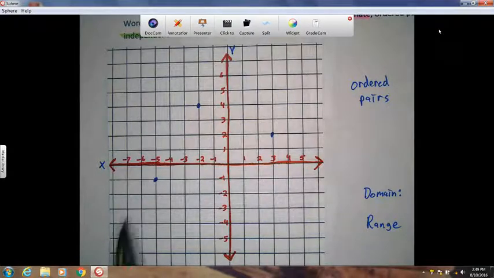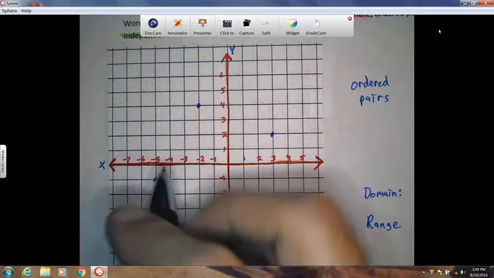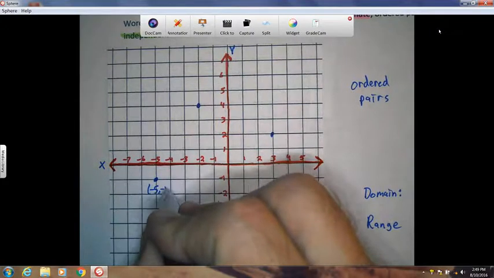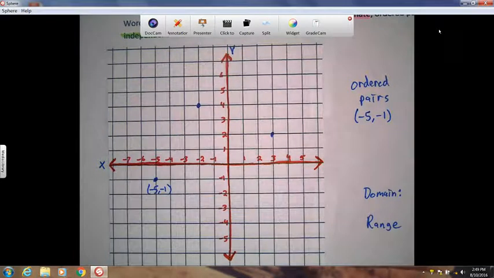So I'm going to start with this one. X comes first. So that's -5, -1. So I'm taking points on a graph and I'm changing those to ordered pairs.